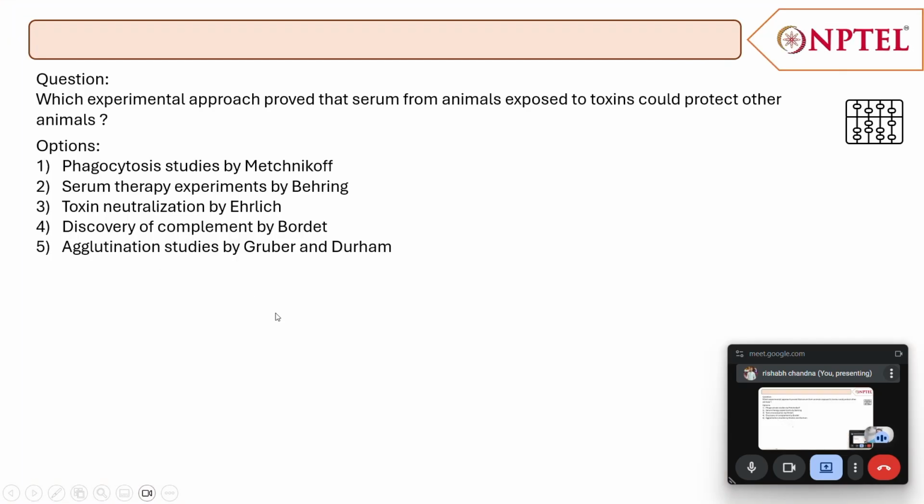So the first question for today is, which experimental approach proved that serum from animals exposed to toxins could protect other animals? So what can be the correct answer?